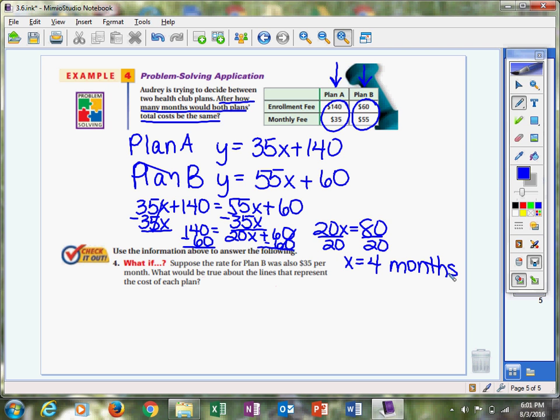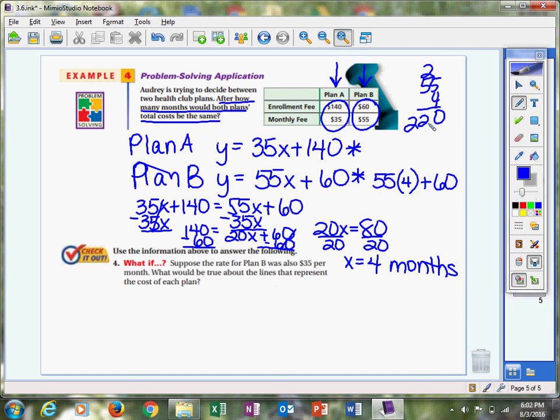Now we have to figure out what is that fee precisely. So pick one of the original equations to plug back into. We're going to plug 4 in and see how much it's going to cost. So we could do this one, 55 times 4 plus 60. Okay, 55 times 4.